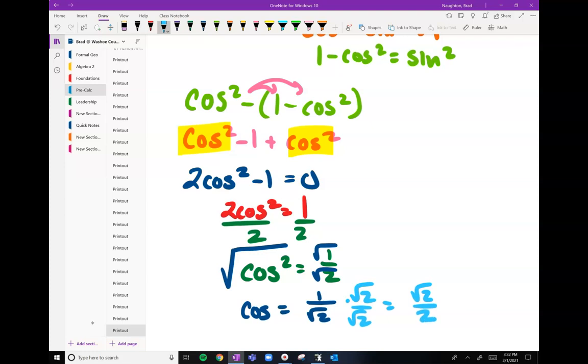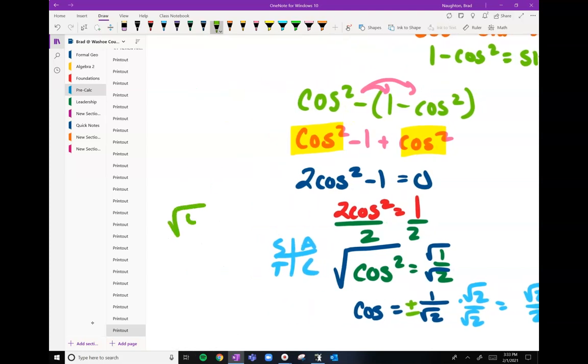Now, because we square rooted and we know that we have a unit circle, so it's all students take calculus, we need to have the positive and the negative. Remember, if you take the square root of 4, it's 2, but negative 2 works as well. That's why you say plus or minus 2, especially if you're solving for it.